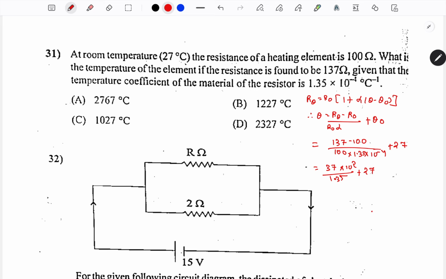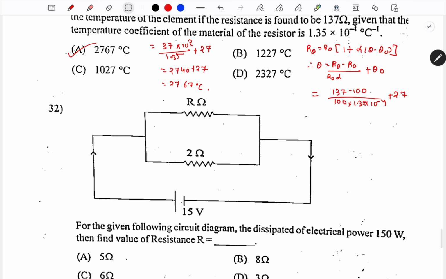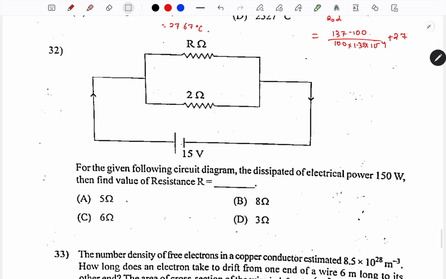Okay. And on solving this further, the answer will be 237 plus 27 is equal to 267 degrees Celsius. Let me move this whole portion aside, I need some space for the next question.